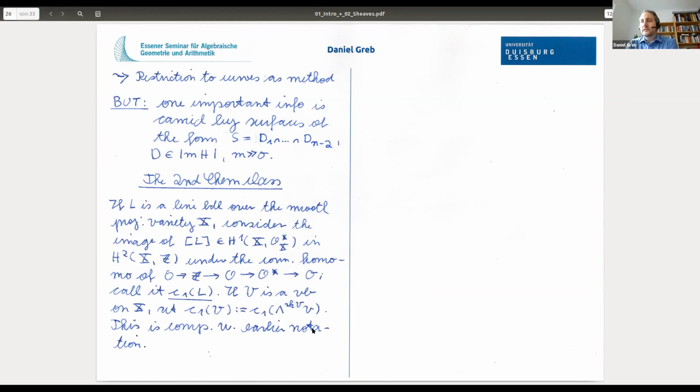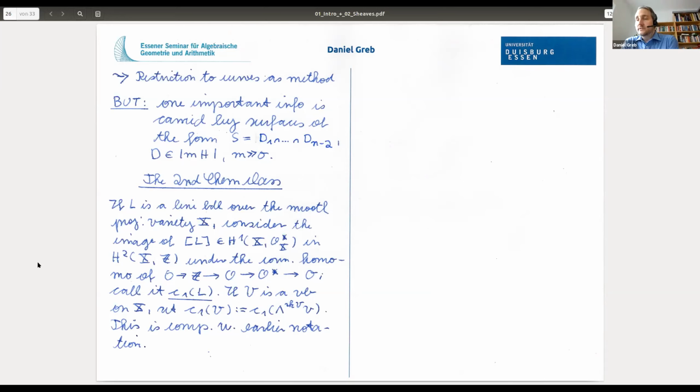For line bundles, this is easily explained. If I have a holomorphic line bundle, then the isomorphism class is an element in H^1(O^*). And then I look at the exponential sequence, 0 goes to Z, goes to O, goes to O^*, goes to 0. Then I get a connecting homomorphism in a long exact sequence from H^1(O^*) to H^2(X, Z).